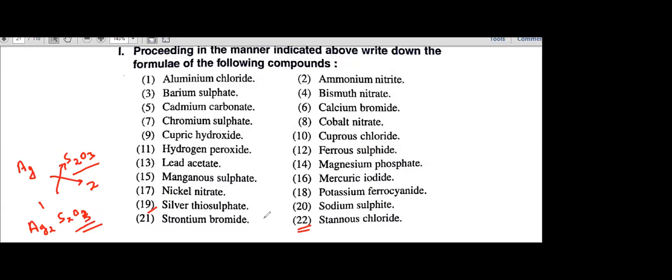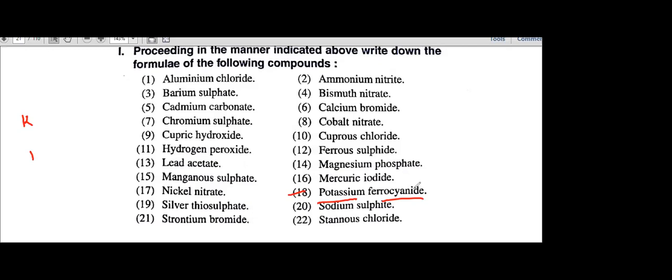Okay, Tanushree. Question 18. Potassium ferrocyanide. What is the formula of potassium? K. Start with this. You don't have to write it out, just write the formula directly. What's the valency of this? 1. Yes, ferrocyanide. What is the formula of ferrocyanide?